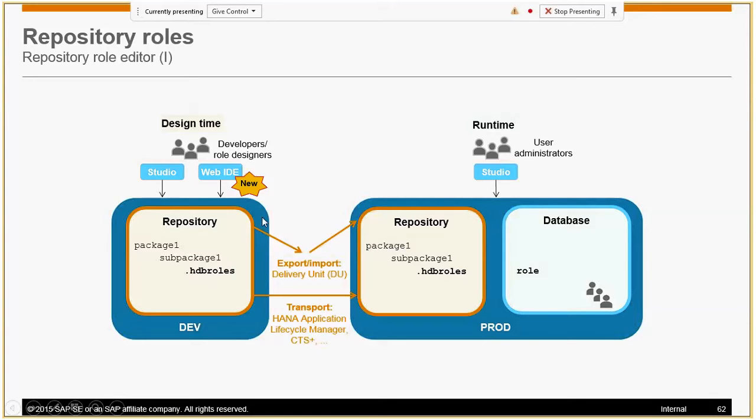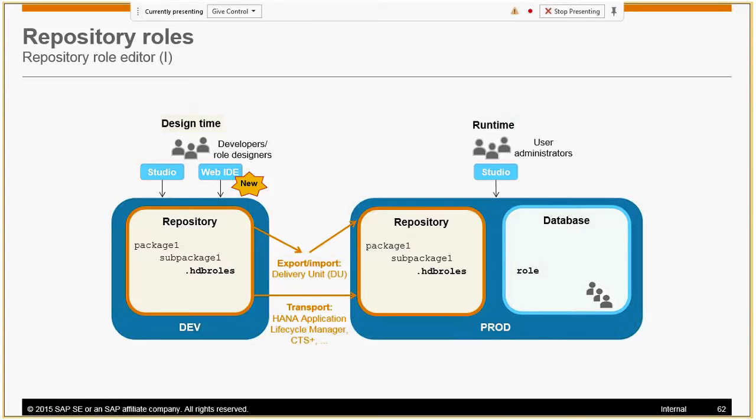So you create in your dev environment a new delivery unit, and then you can assign to this delivery unit one or more packages. When you transport the delivery unit, the entire content of the package or packages assigned to it will be transported as well. So that's a way to mass transport everything.